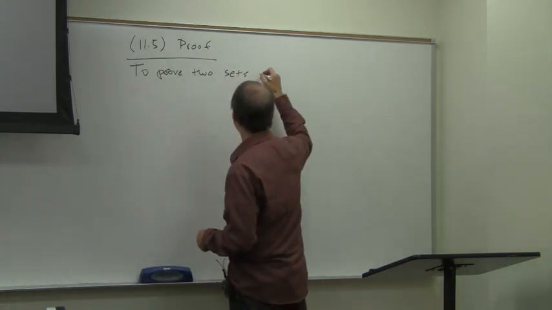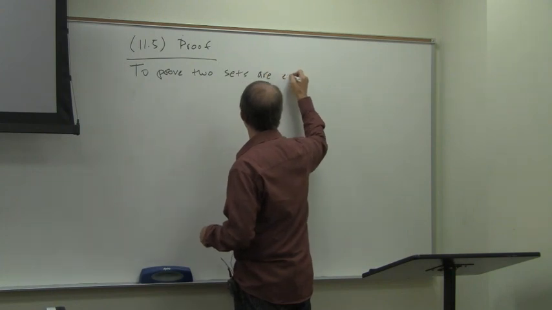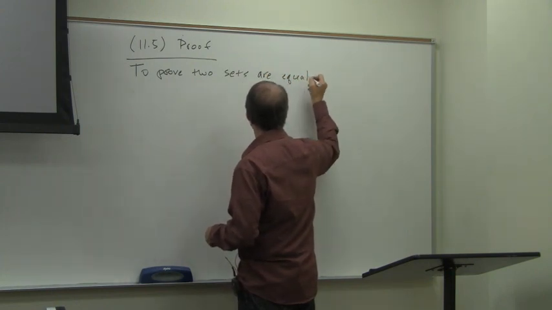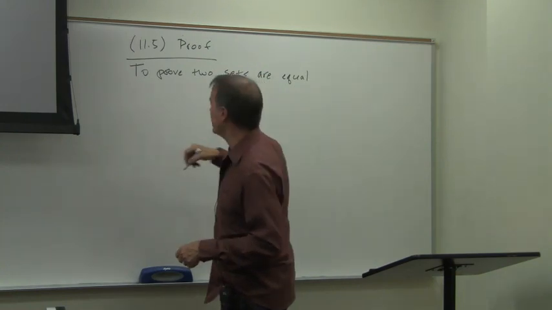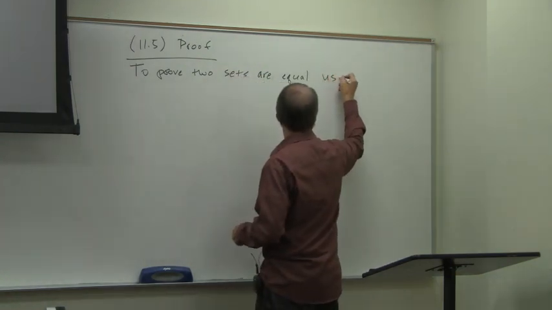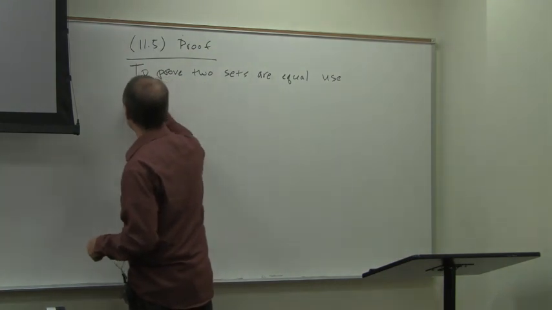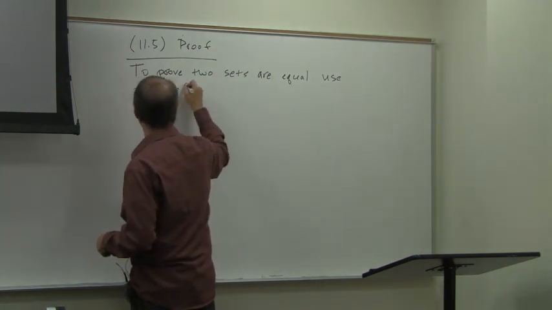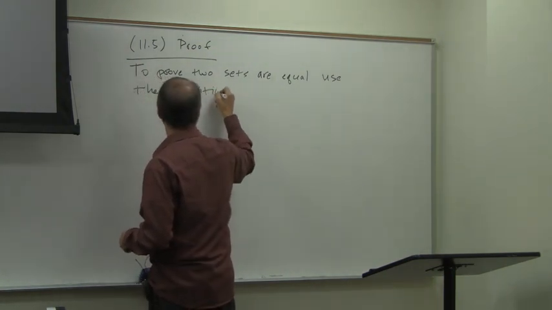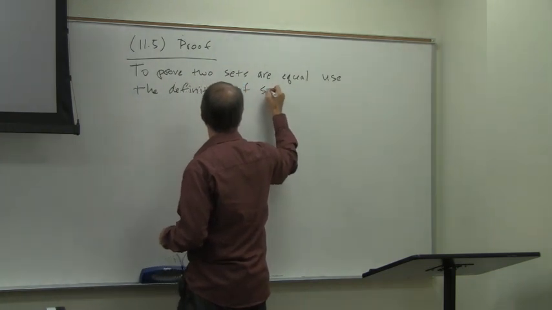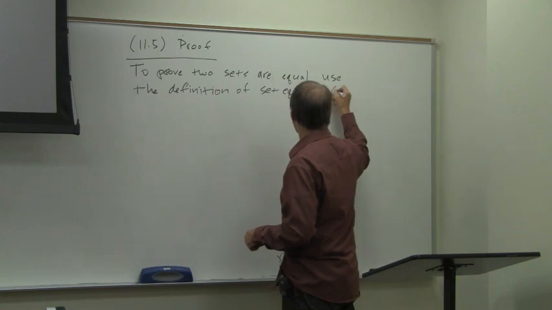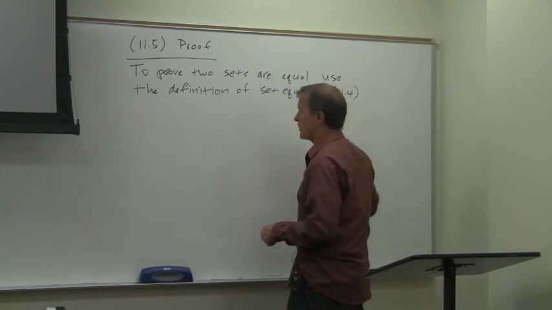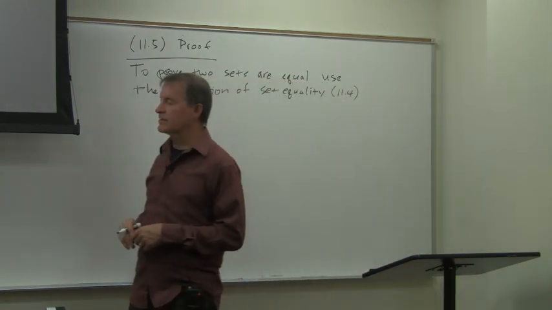To prove two sets are equal, we use the definition of set equality, which is 11.4. Okay, extensionality. All right.